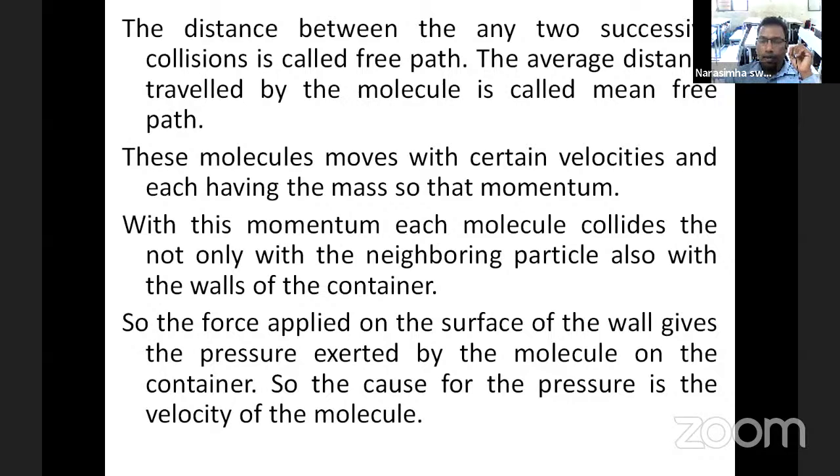Then that surface experiences some pressure, because pressure is nothing but force applied per unit cross-sectional area. So the pressure exerted by the molecules on the container, the cause for the pressure is the velocity of the molecule. So the pressure exerted by the gas on the walls of the container, right? The reason is that the particle is moving with a certain velocity.